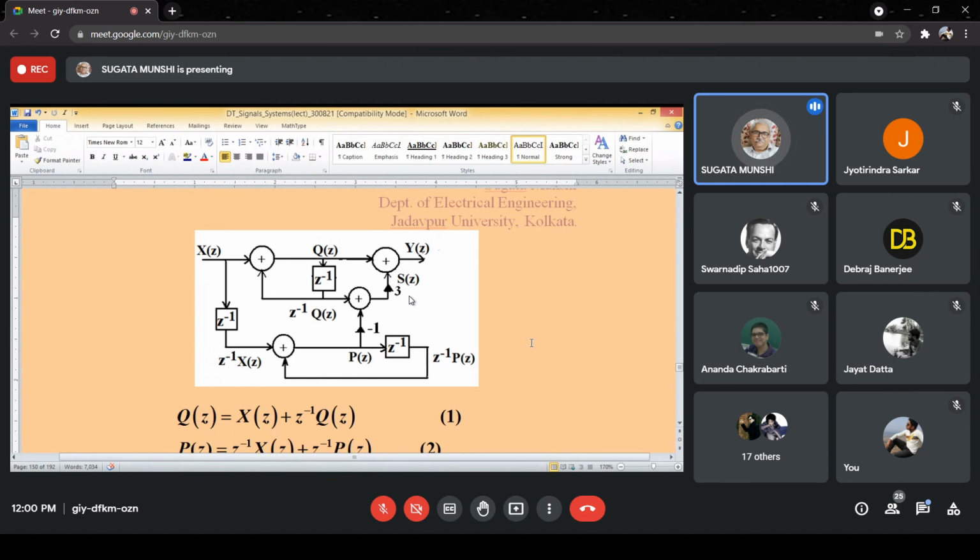Because for existence of the Fourier transform, the sequence has to be absolutely summable. For continuous time signal, the condition was absolute integrability. Here the condition is absolute summability. So absolute summability means the summation of the magnitude of x[n] from n equal to minus infinity to plus infinity should be finite, less than infinity.